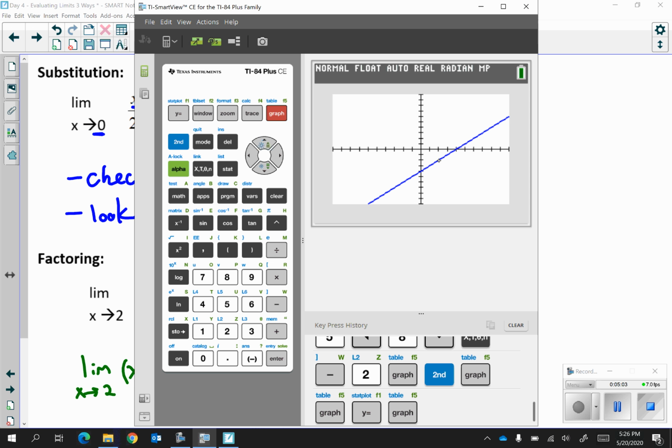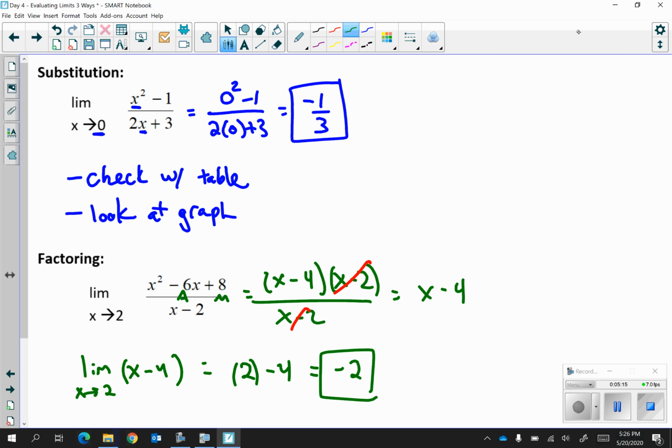Now, your calculator does not show you holes on the graph, right? This is what's really happening. There is a hole in the graph at x equals 2. So really, what this graph should be looking like is this, where at 2, there is a hole.